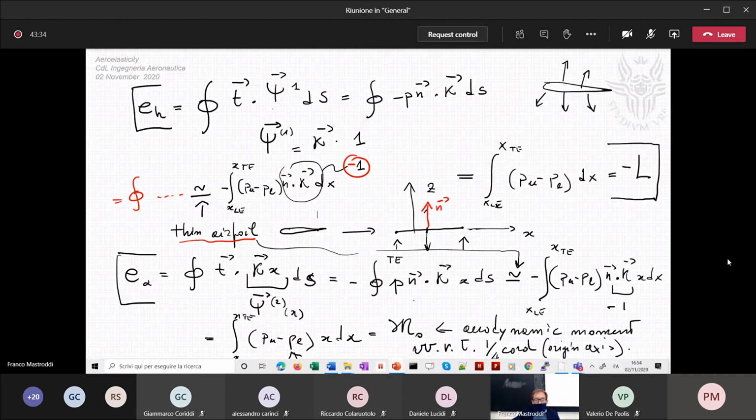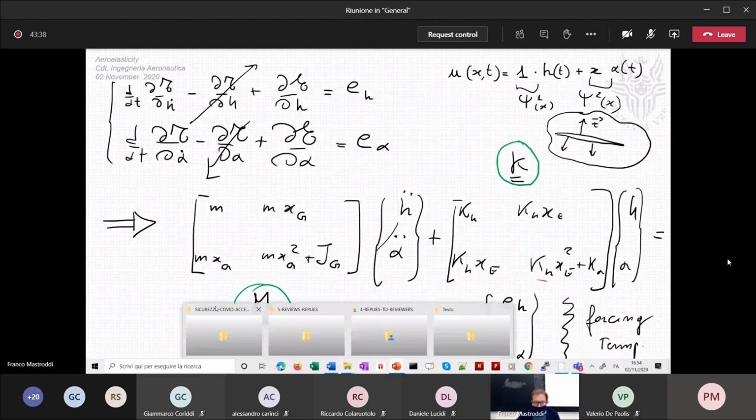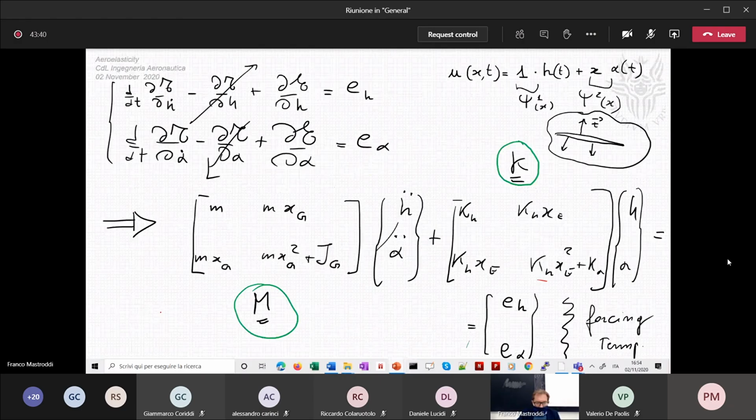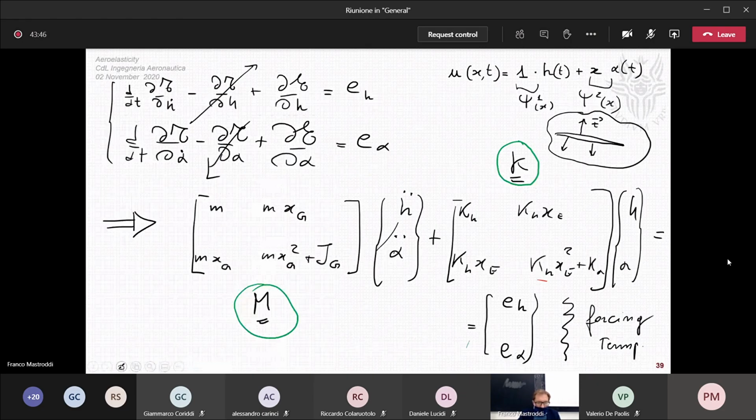However, now we have at the moment this final system, and the final system is composed by these two matrices and by this mass, stiffness, and load, or forcing term.